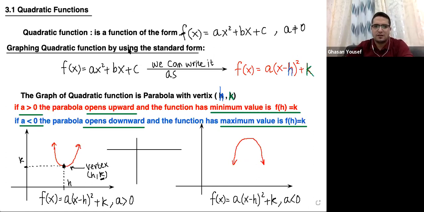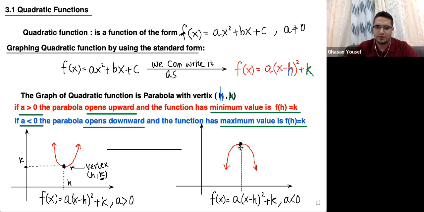And again, same as before, this point is my vertex. This is the vertex point, and the vertex, like I said, is (h, k). So it should be here, and this is my k.